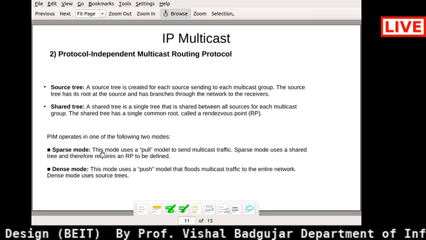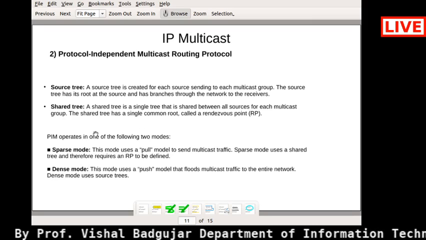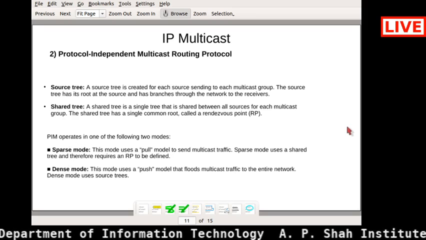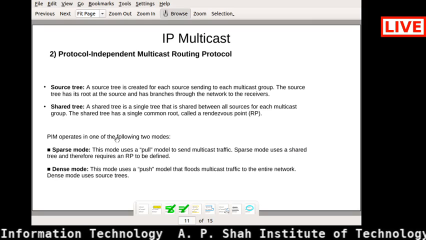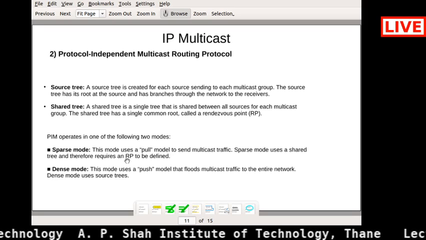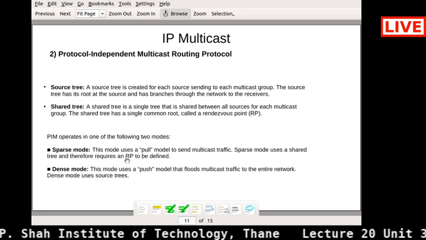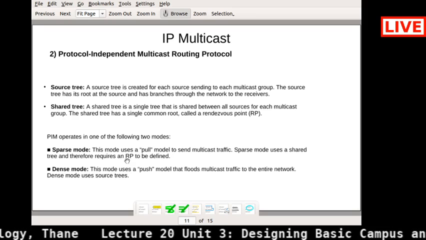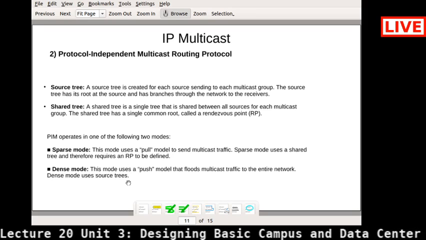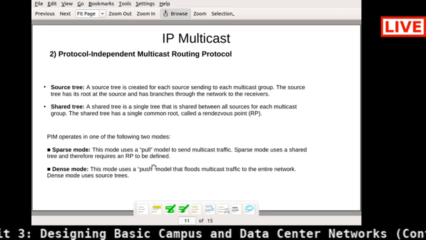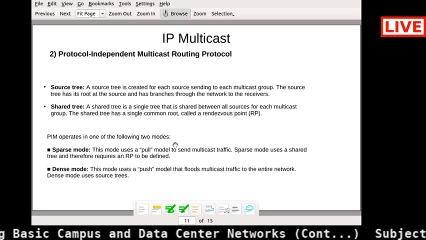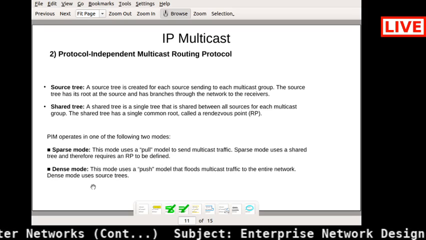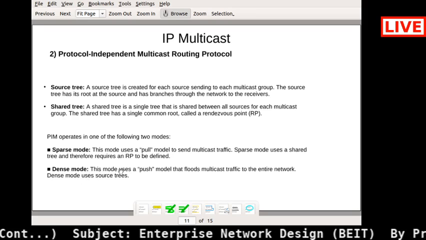This multicast routing protocol works in two modes: the sparse mode and the dense mode. The sparse mode uses a pull model to send the multicast traffic, for example like pull and push in Git. Here it uses this pull model to send the multicasting packets, and the push model is used to flood the multicasting traffic, which we call the dense mode.